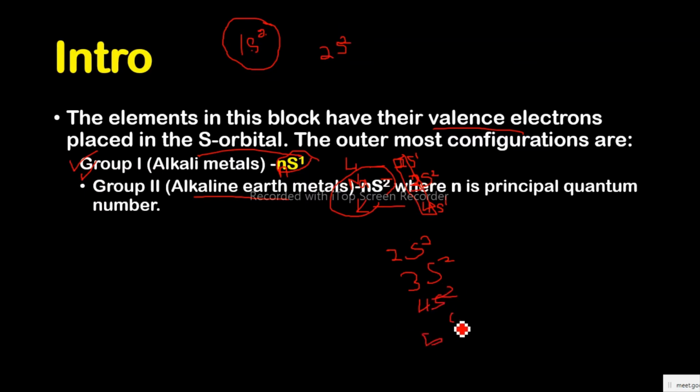Because the outermost electron occupies the s orbital, it falls under the s block elements.